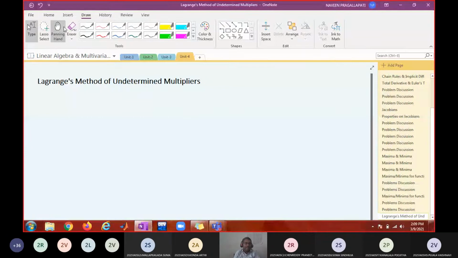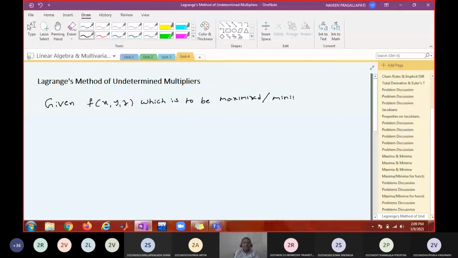Right. So in this method, there will be an objective function given, f of x, y, z, which is to be maximized or minimized, subject to the constraint.